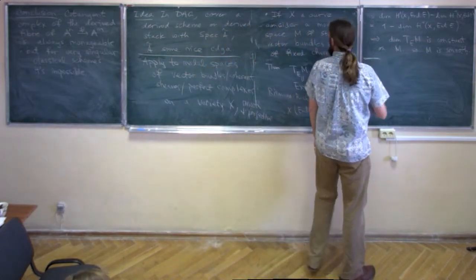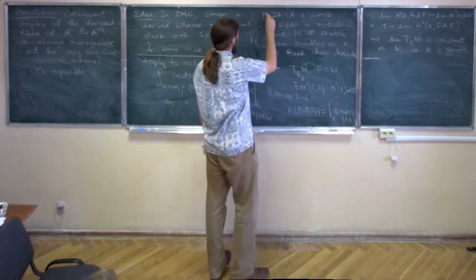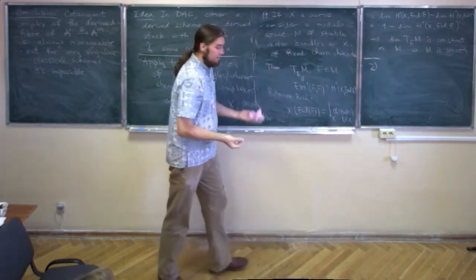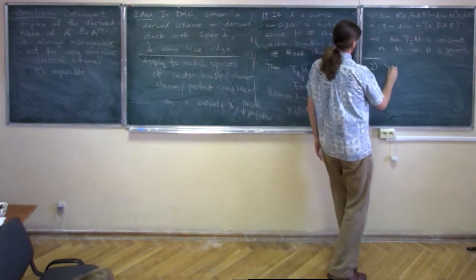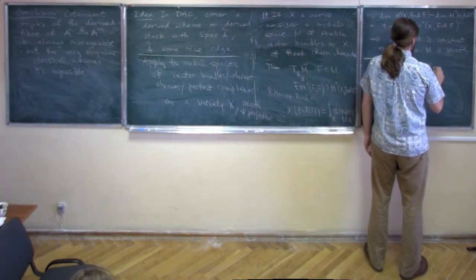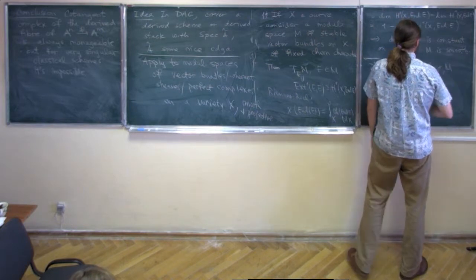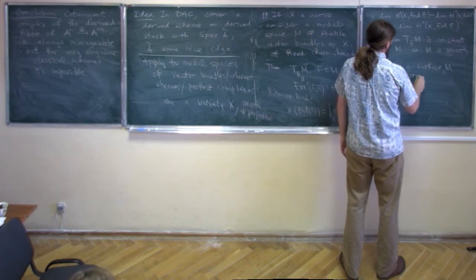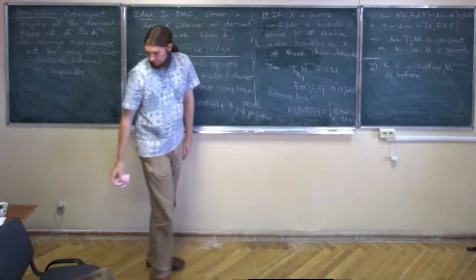So that's example 1. That's the easy case. Example 2: X is a surface, and M as before, a moduli space of stable bundles on the surface with fixed Chern character.